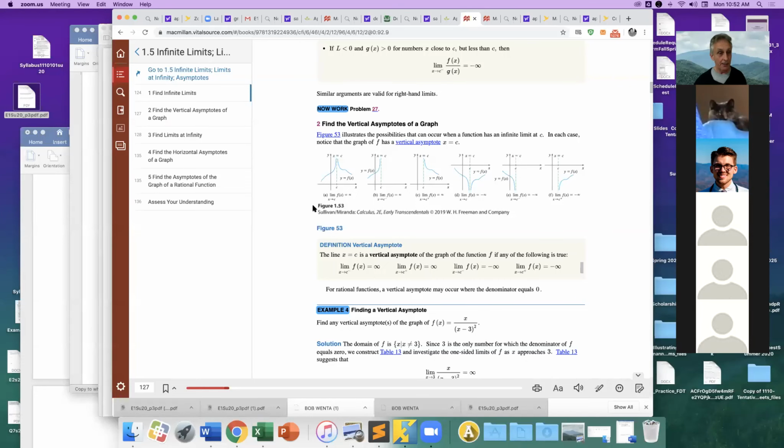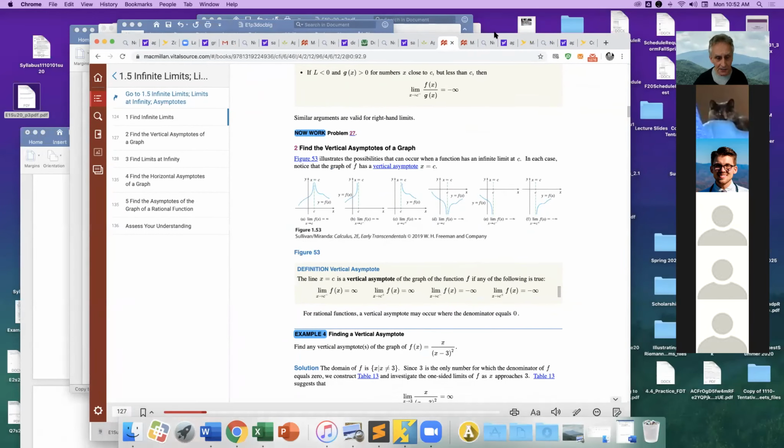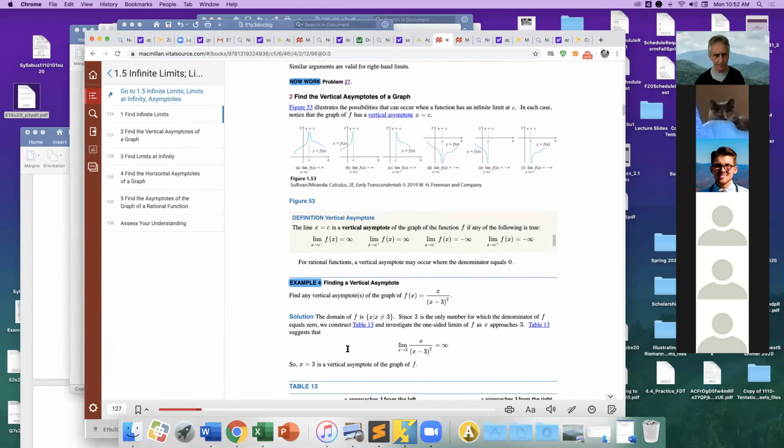All right, so I'm going to go to the share screen and go back to chapter 1.5. Oh, it looks like you might not be seeing the screen. Can you see the book text right now? Could somebody give me a yellow thumbs up if you're seeing the screen? Okay, good. All right, so let's go back here to the screen now.